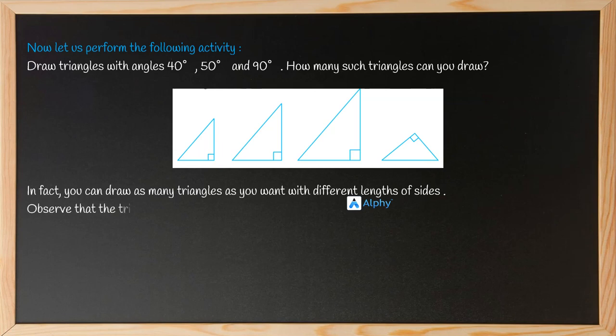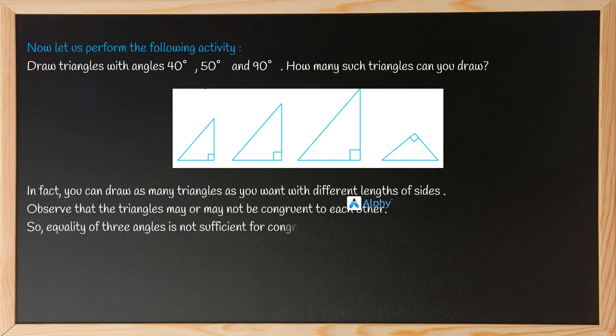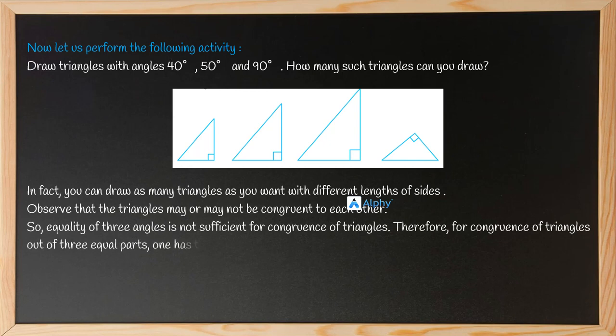Observe that the triangles may or may not be congruent to each other. So equality of three angles is not sufficient for congruence of triangles. Therefore, for congruence of triangles, out of three equal parts, one has to be a side. If three angles of two triangles are equal to each other, then those triangles may or may not be congruent because their lengths of sides may differ.